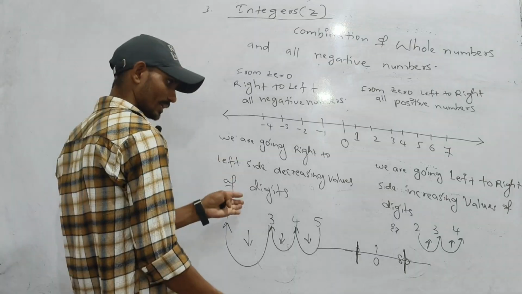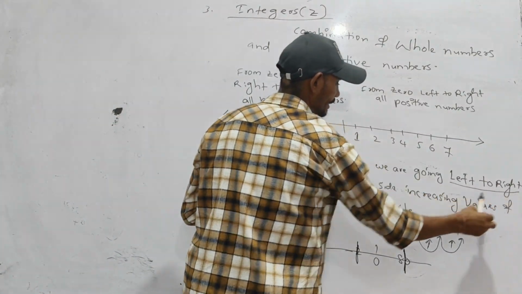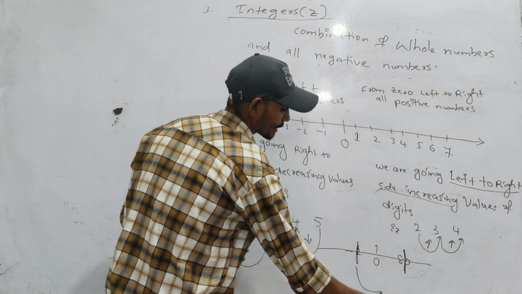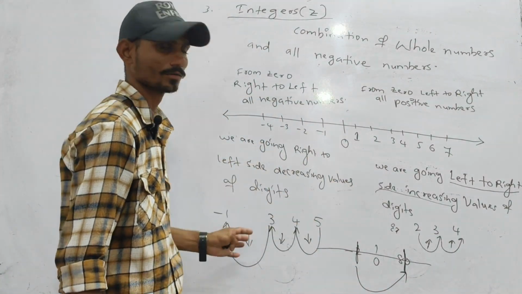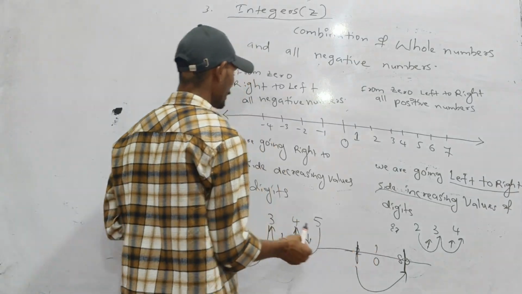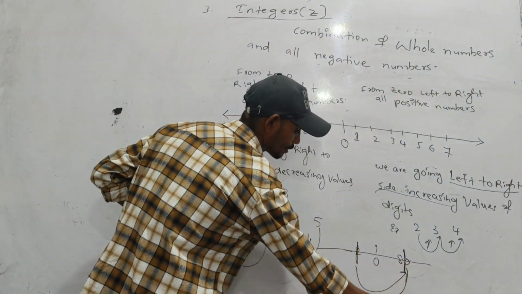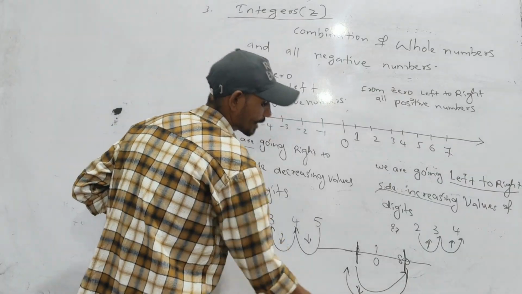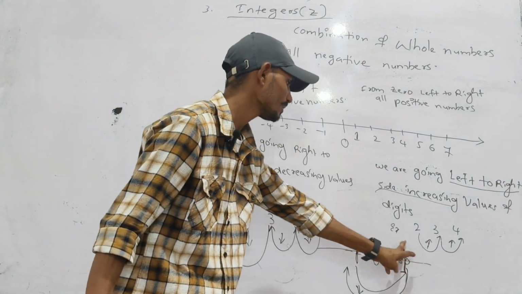Going left side to right side, the values increase, so 80 is the bigger value. Going right side to left side, the values decrease; in this way too, the bigger value is 80.